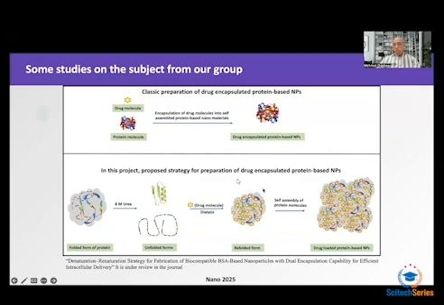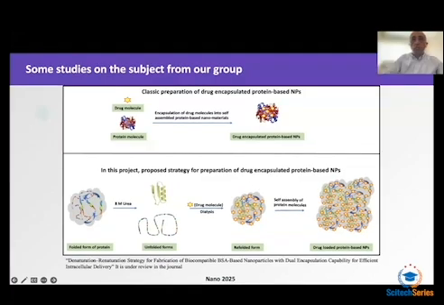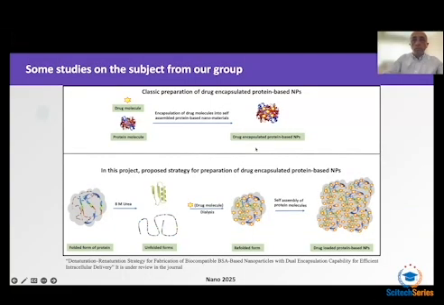Now, this is from some of my studies. We performed some experiments with encapsulation of drugs. For example, in literature, generally classical protein-based nanomaterials are referred to, and the natural conditions for formation of nanoparticles also exist.